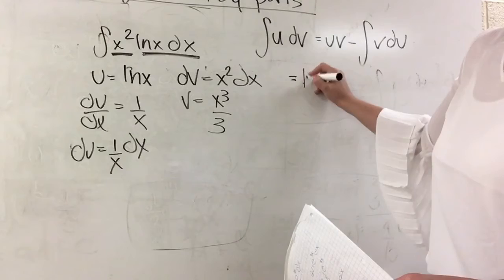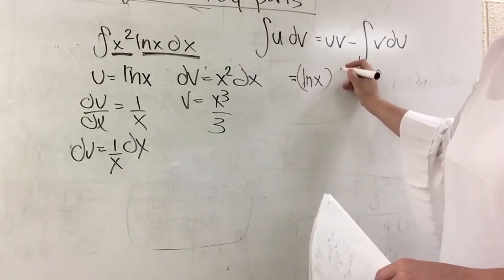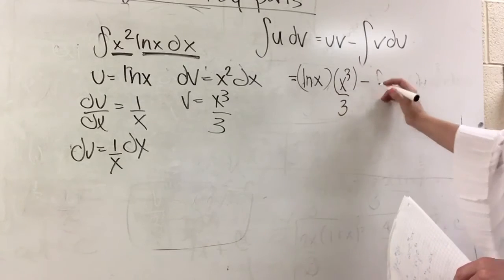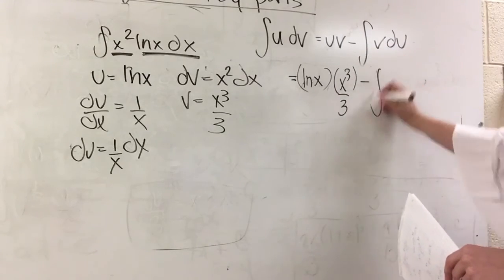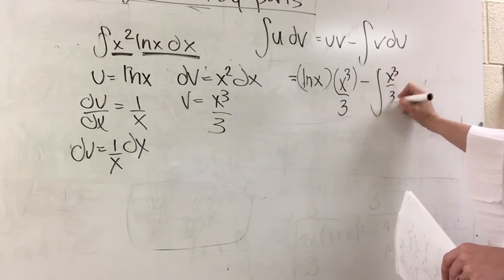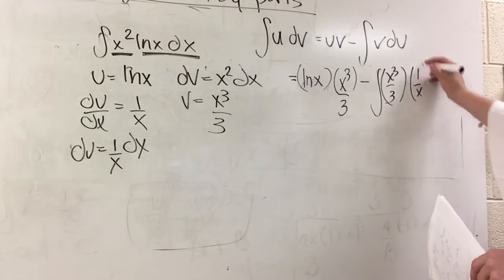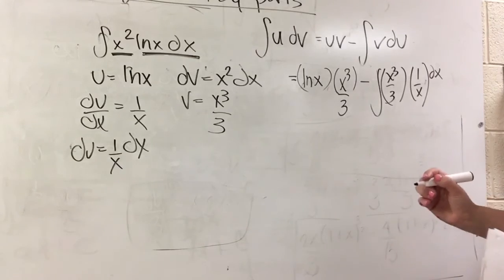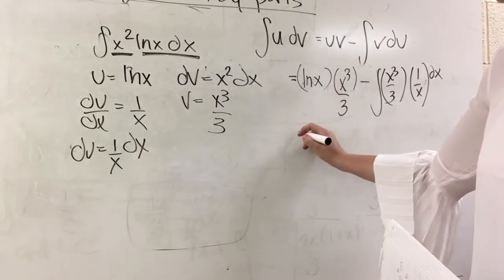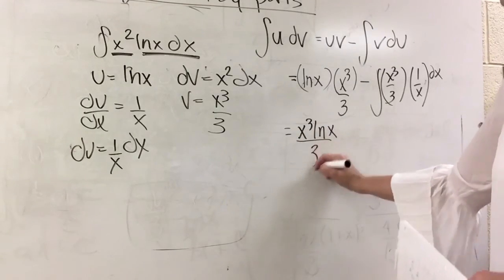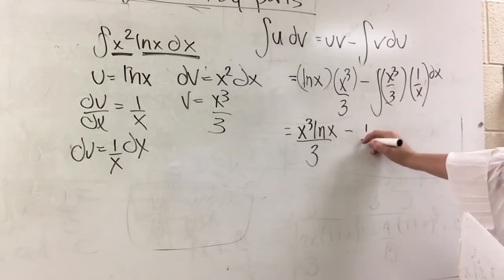So my formula tells me to do u times v minus the integral of v du. I'm going to do some cleaning up here. I'm going to write this as x cubed natural log of x all over 3 minus, I'm going to bring the third on the outside.